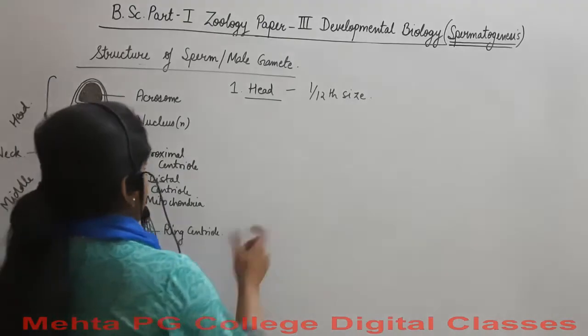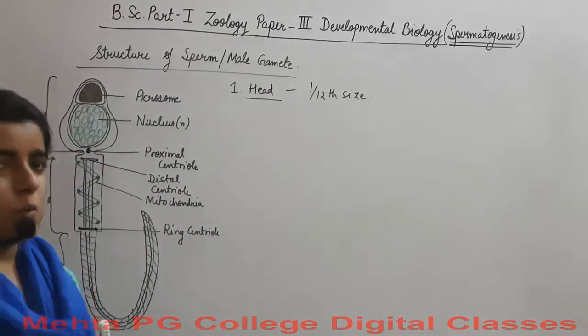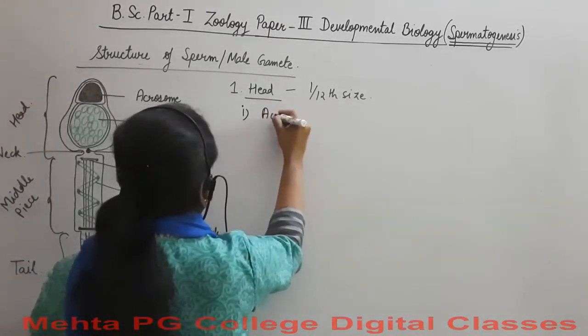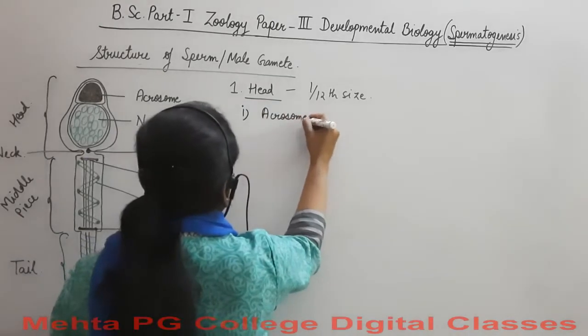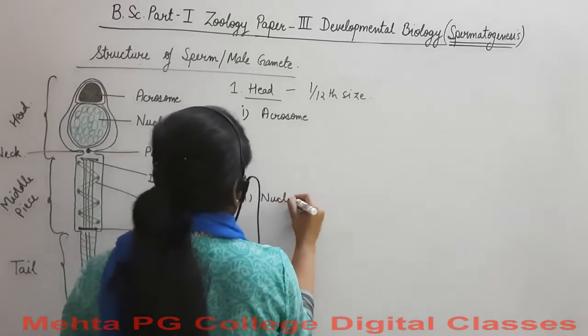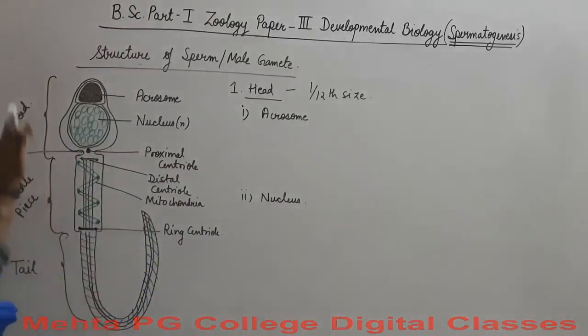When we talk about the head region, it comprises two regions: number one, the acrosome part, and number two, the nucleus part.